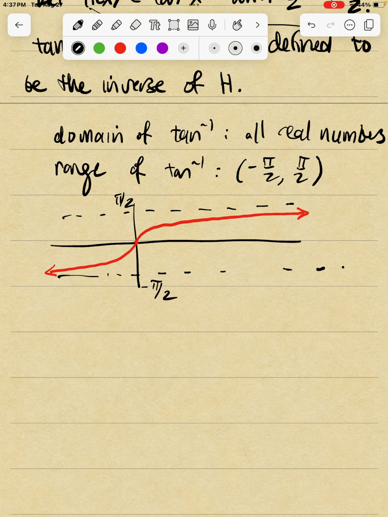There's horizontal asymptotes, like this. Okay? So it's an increasing function, and as x gets larger and larger and larger, the values of arctan approach pi over 2.